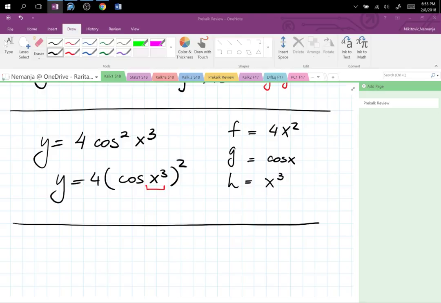Now, you might be going, but why? Well, I told you, 90%, 95% of our derivatives are going to be chain rule derivatives, which are derivatives of function composition. If you can't decompose functions mentally, you will have a lot of trouble with that. And that's technically half of your course.